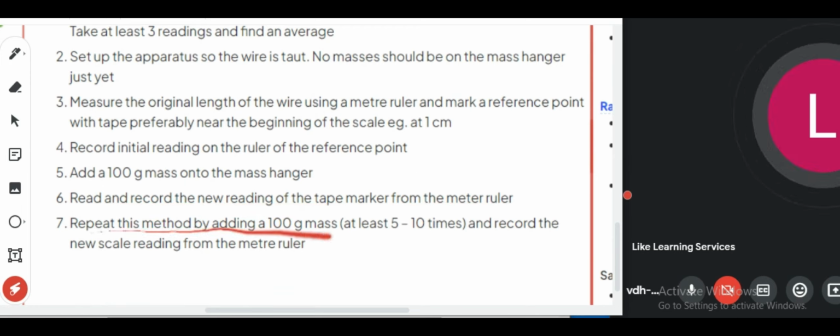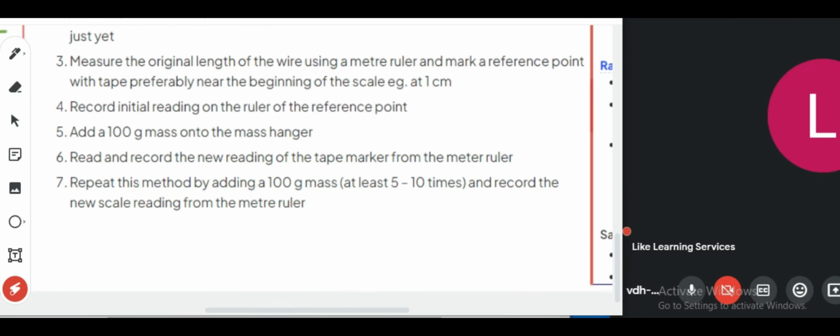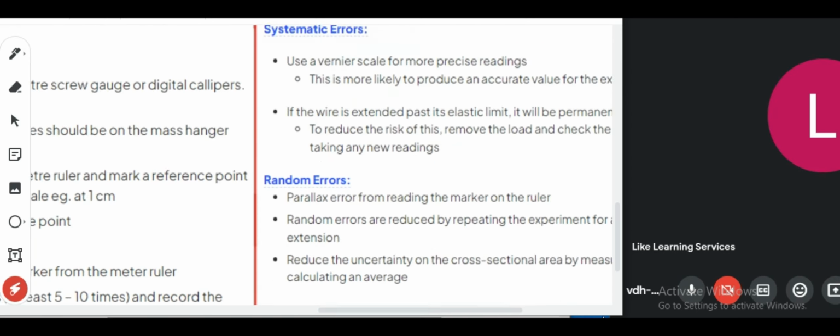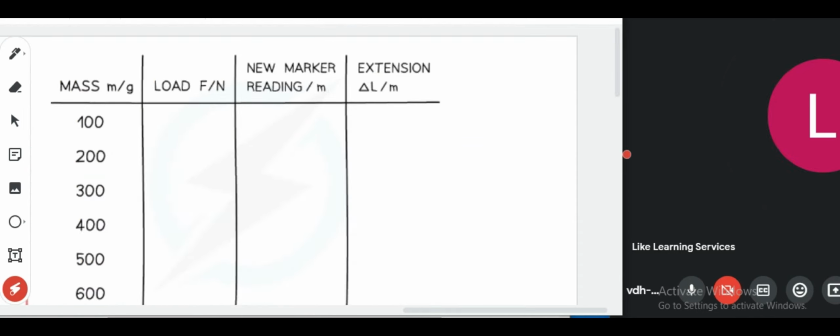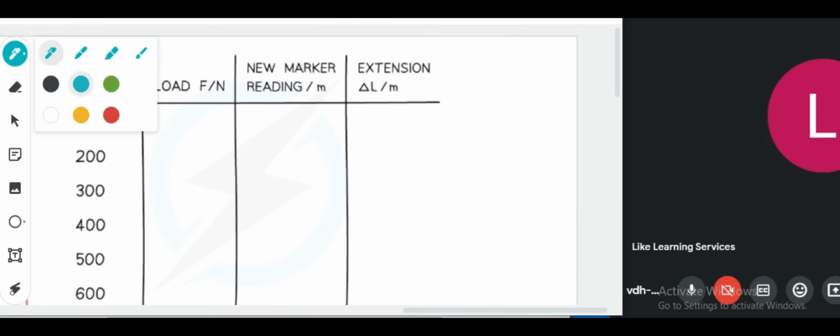Repeat this method by adding 100-gram masses 5 to 10 times, recording a new scale reading from the meter rule each time. For instance, we can have readings like this: the mass in grams, and the load, which we find by multiplying the mass. First of all, we change the mass to kilograms.